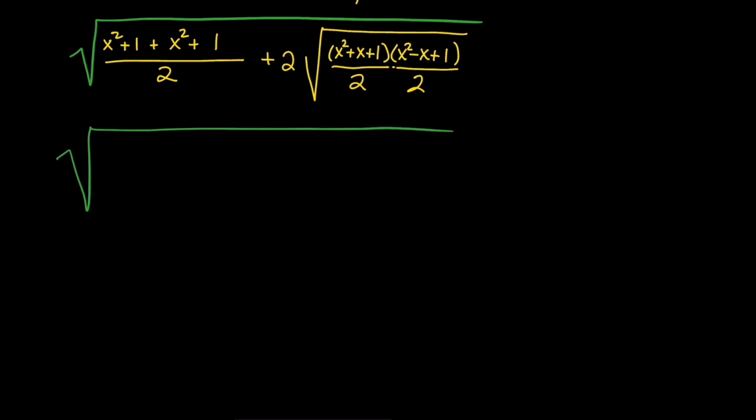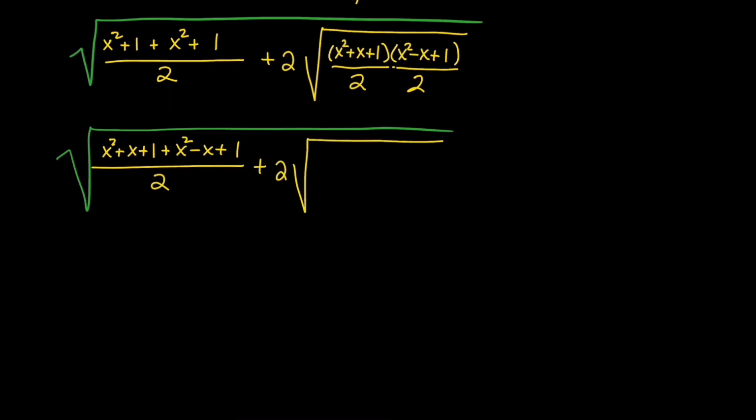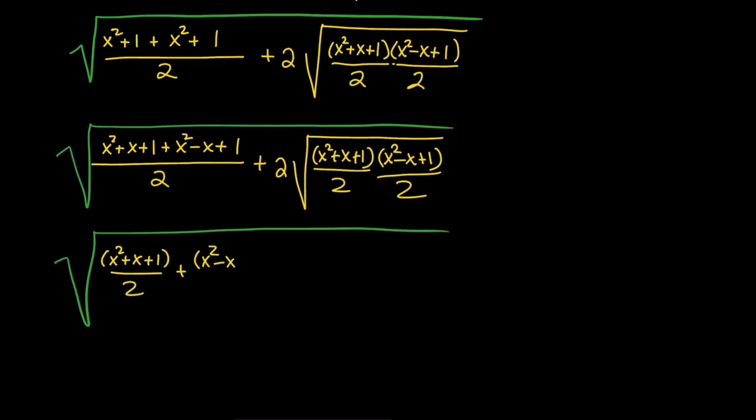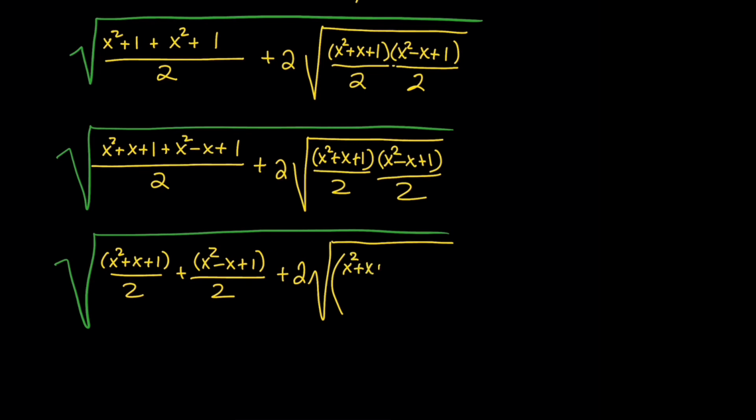And now we can separate that fractional part as the sum of 2 fractions, and we can look at the inner radical as a product of 2 fractions. And so you see here, we get x squared plus x plus 1 over 2 plus x squared minus x plus 1 over 2 as those 2 fractions I was referring to.